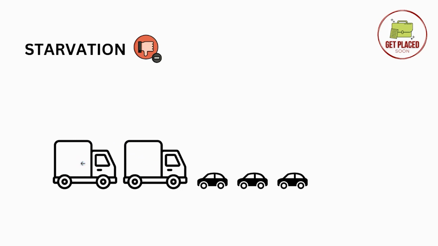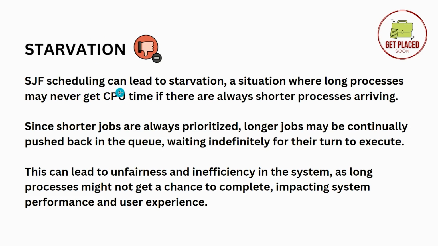There might be a time when a long process has to wait for a long period and may or may not get a chance to execute, right? This is known as starvation, and it is the major disadvantage of shortest job first. The shortest job first scheduling algorithm can lead to starvation, which means a situation where long processes may never get CPU time if shorter processes are always arriving, as discussed earlier. Since shortest jobs are always prioritized, longer jobs may continually be pushed back in the queue, waiting indefinitely for their turn to execute.